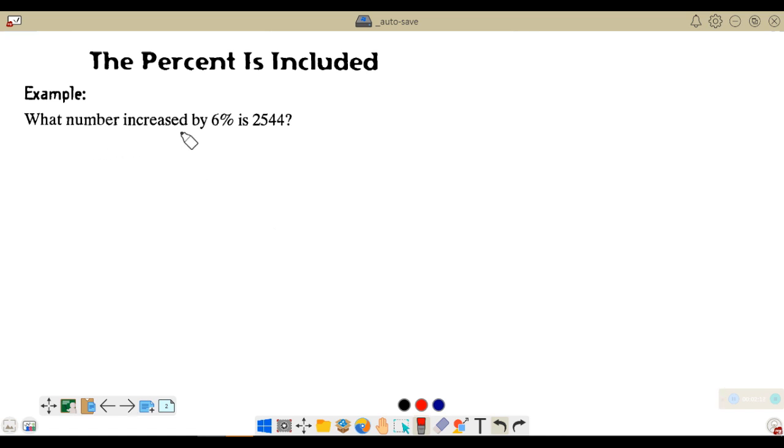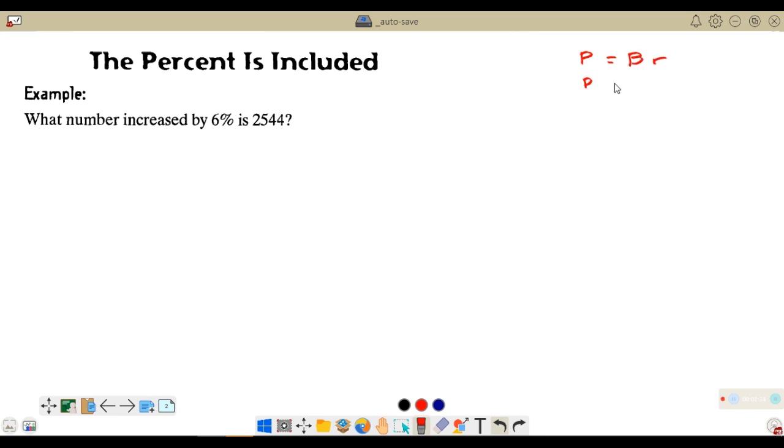What number increased by 6% is 2,544? So this is an example of a problem where the percent is included. If you still remember from our previous discussions in first year, we mentioned that percentage is equal to the base times the rate.